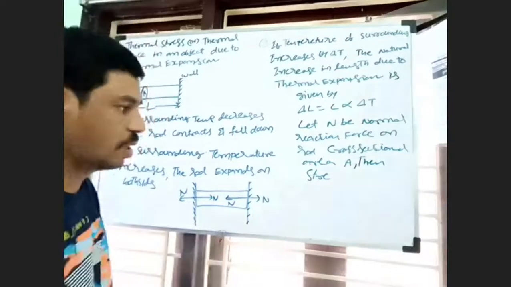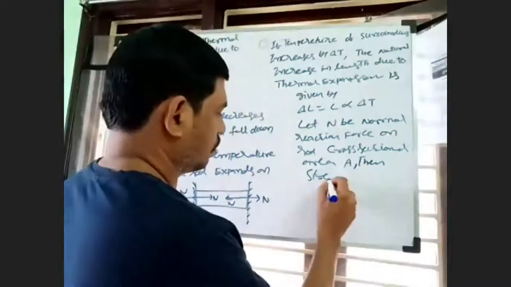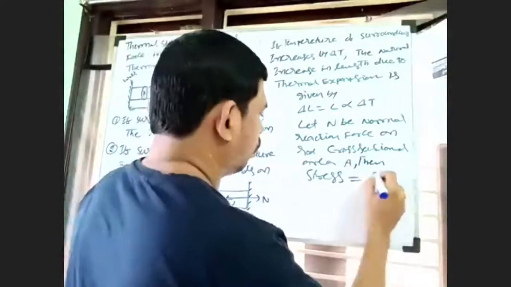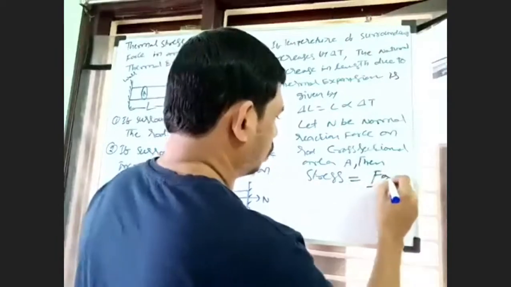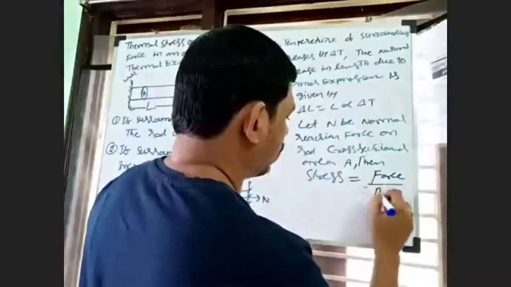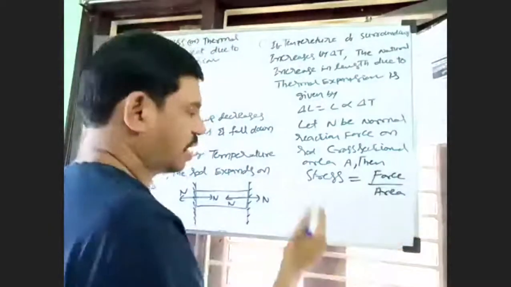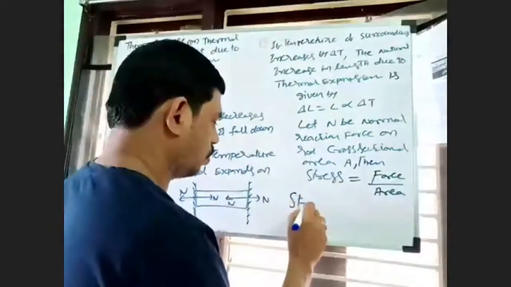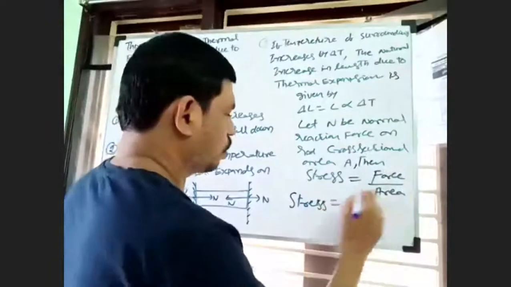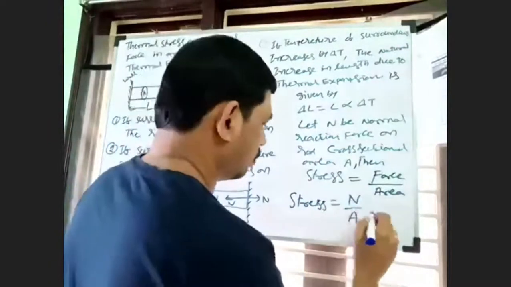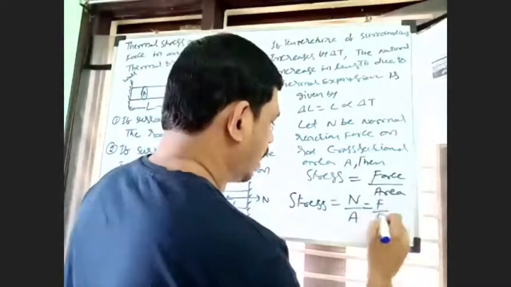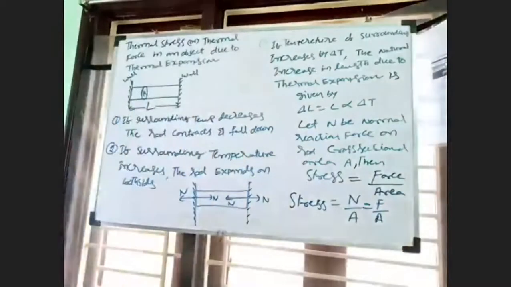So stress equals force by area. Stress means like pressure; pressure and force are the same here. So stress equals F by A or N by A: the normal reaction force or force, by area.